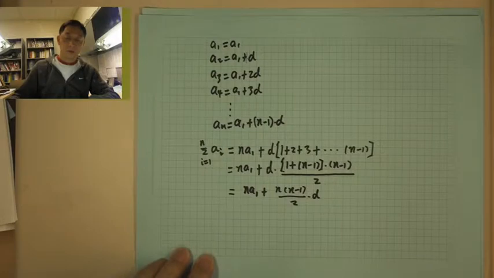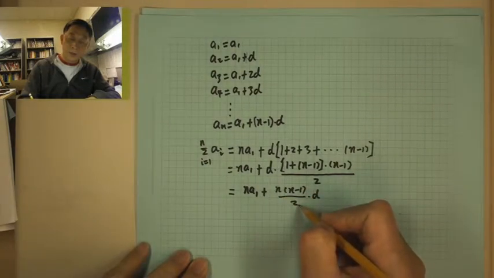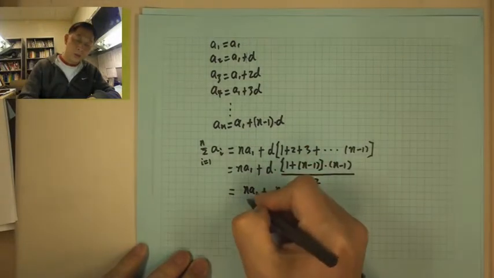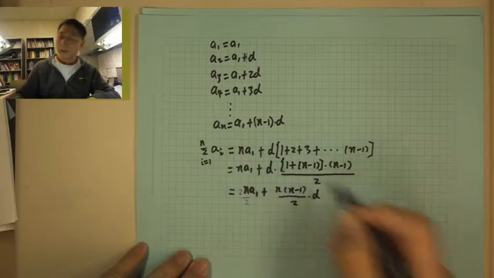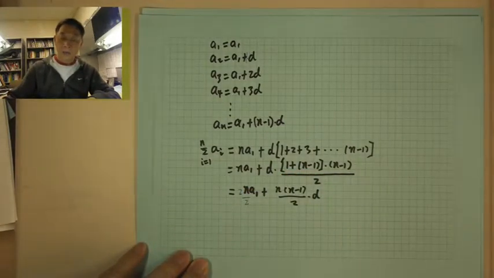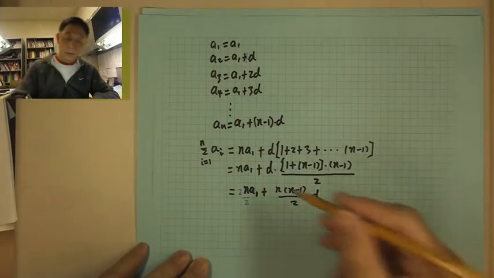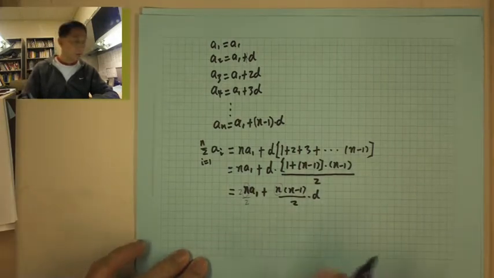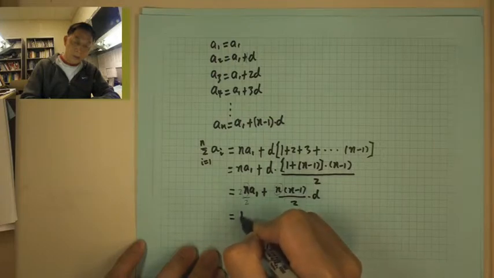Now look, you want to put those two together, then what we have is that here there is a 2 as a denominator, so you have a 2 here. Now n is in common, so you pull it out.